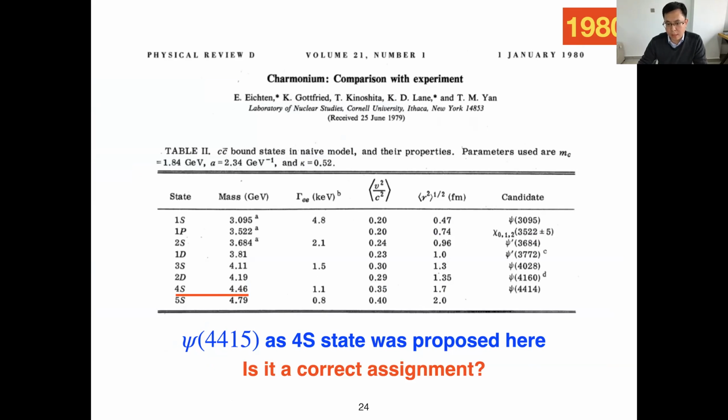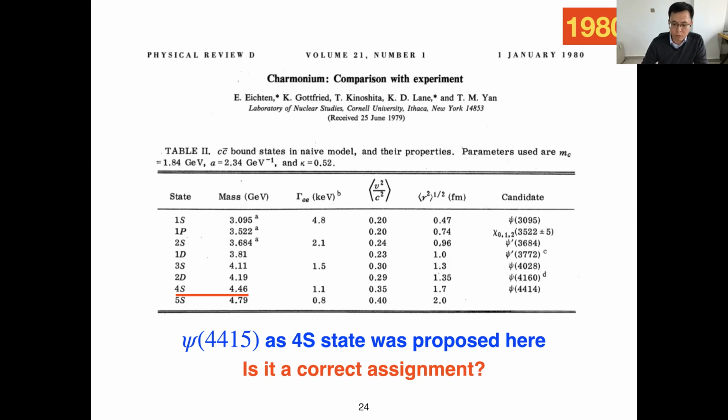You can notice that they predict that the 4S state has a mass of 4.4 GeV, which is consistent with the Psi(4415). It means that in this older paper, they propose that Psi(4415) is a good candidate for the 4S state in the charmonium family.